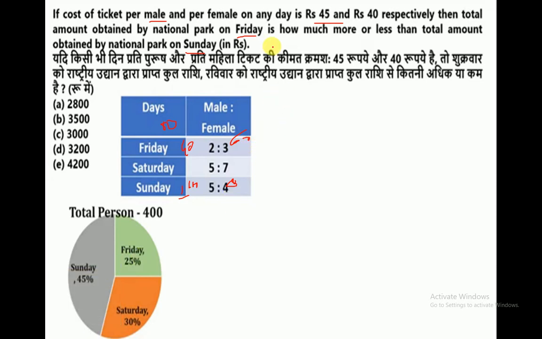Okay, male, we know that the cost of ticket is 45, and so this is 40, this is plus 60 into 40.